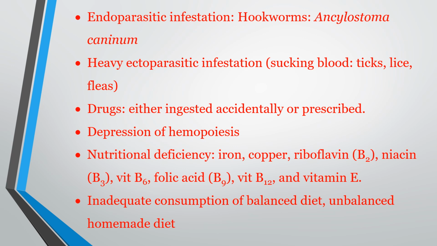Feeding of unbalanced homemade diet: we think that we have given a proper diet, so we are giving as per our wish. But the wish of the dog should be seen. The owner should feed the food as per the requirement of the dog's body.